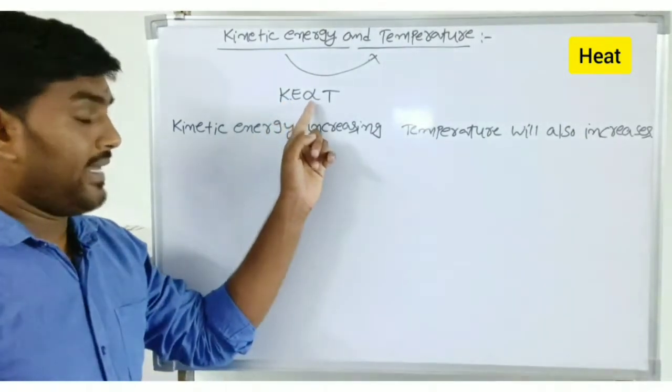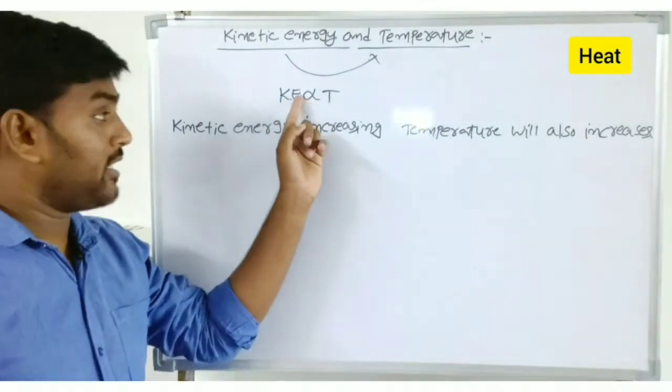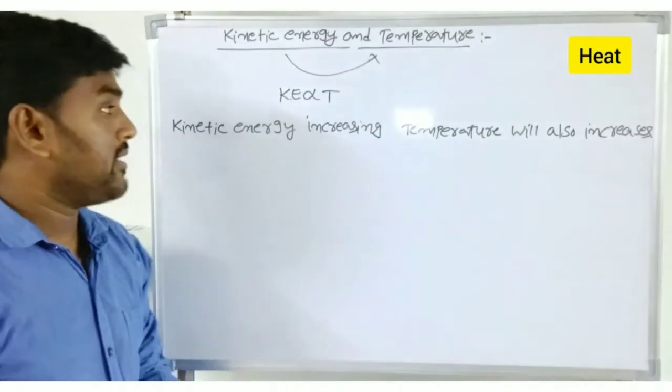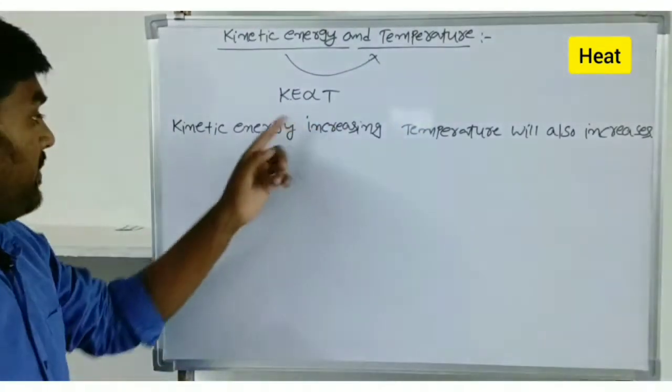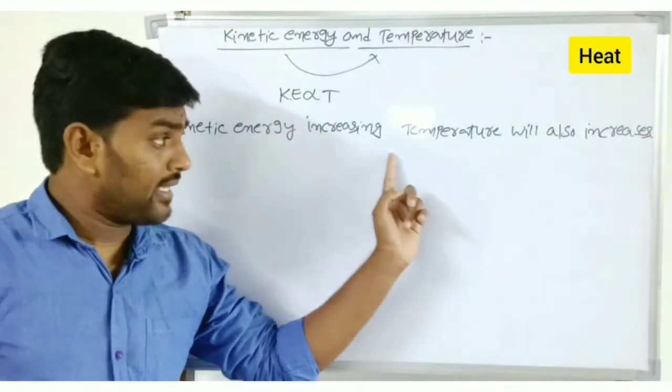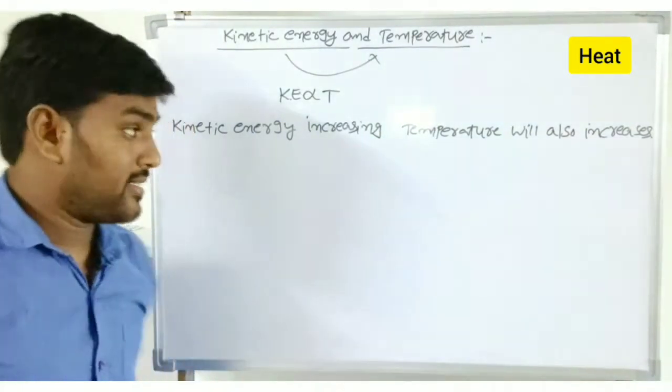Kinetic energy is directly proportional to the temperature. That means if kinetic energy increases, temperature will also increase. The symbol is directly proportional to. Kinetic energy is directly proportional to the temperature.